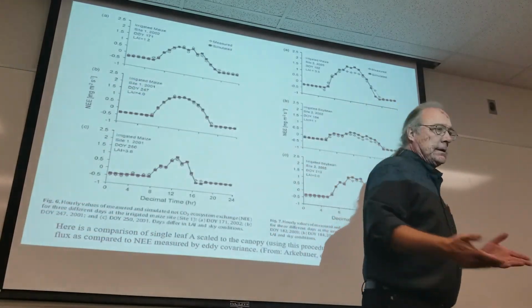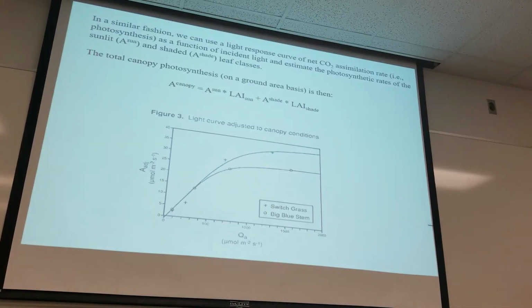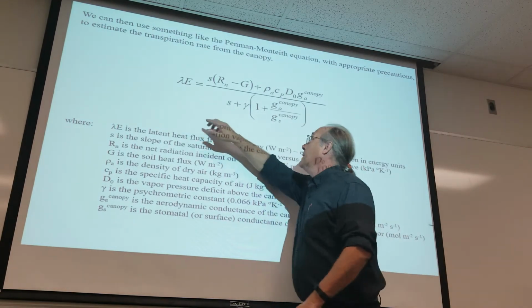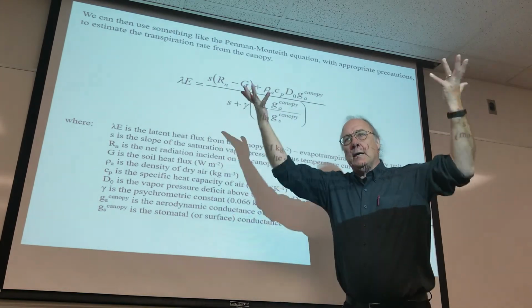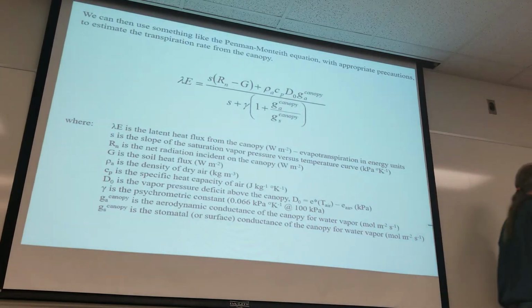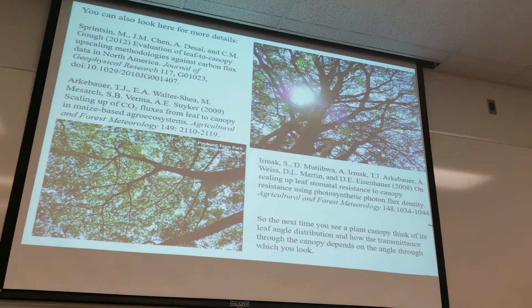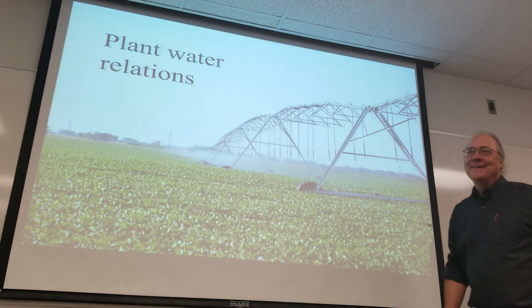Or we could scale up stomatal conductance, put it into an equation like the Penman-Monteith equation for this term, measure everything else in here, and come up with canopy transpiration rate or latent heat flow. Turns out, for various reasons, that's a little bit harder to do than the CO2 one, but that's what I think is important about the modeling stuff.